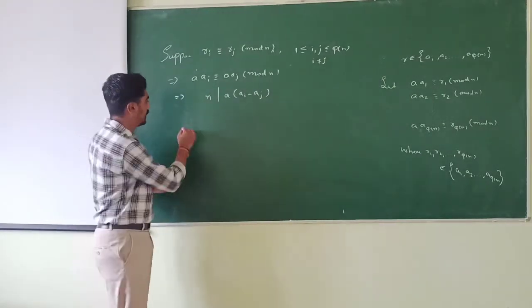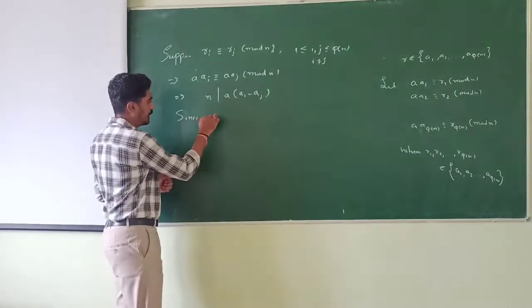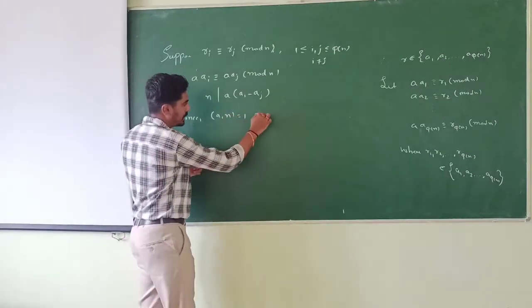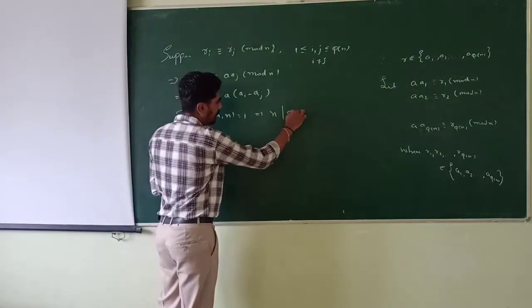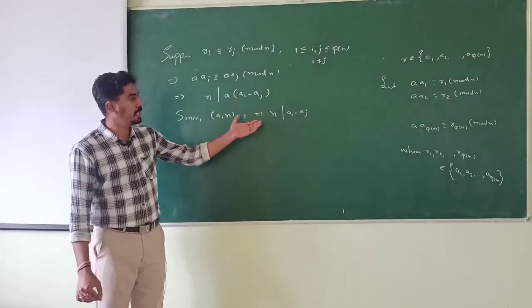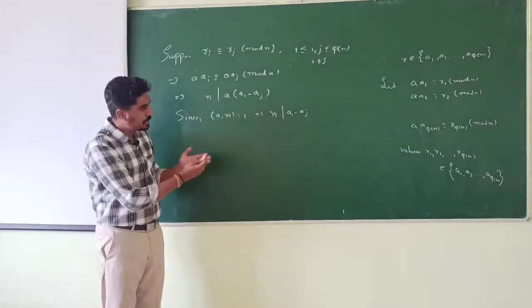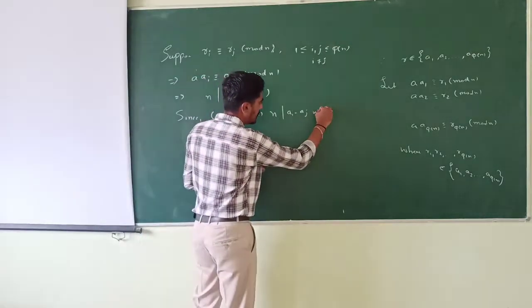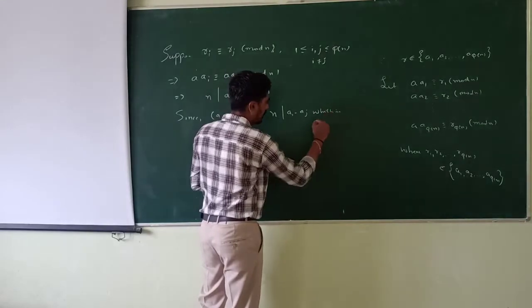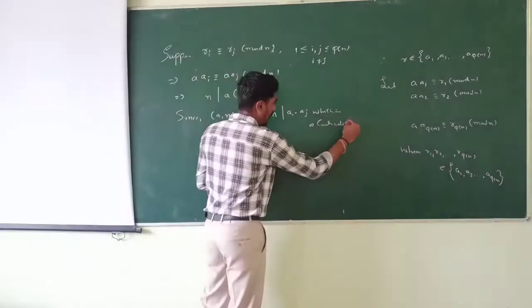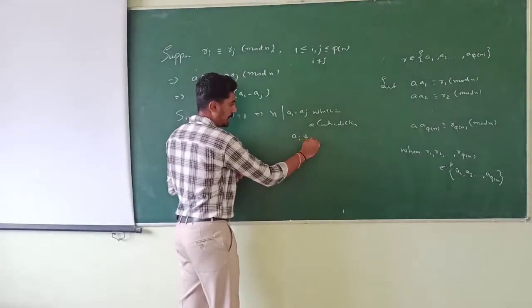But we know that the GCD of a and n is 1. So this implies that n divides ai minus aj, which is a contradiction, because ai and aj are less than n and greater than or equal to 1.